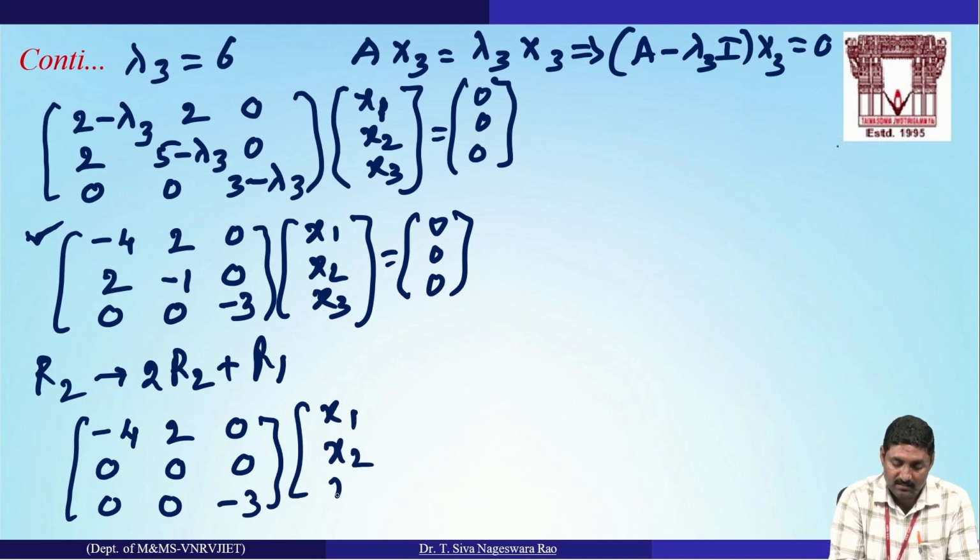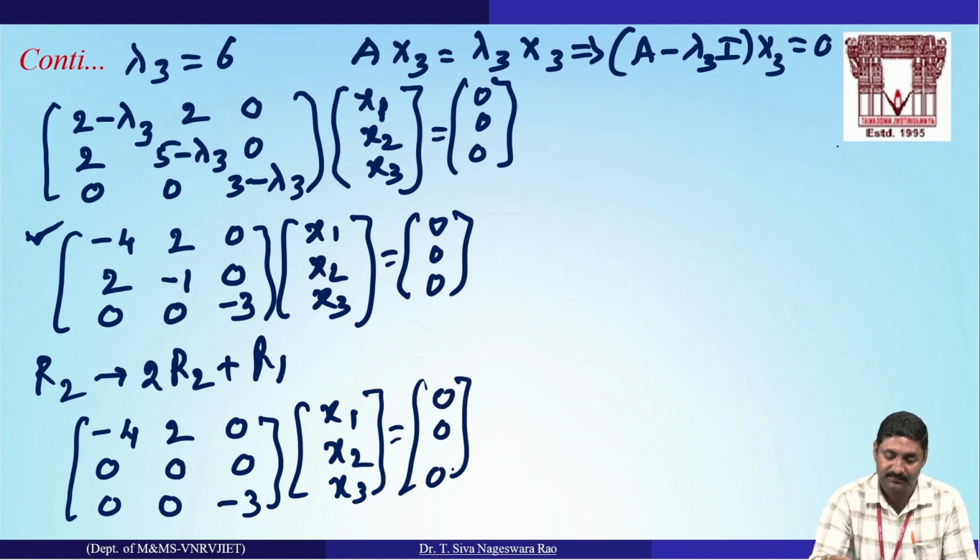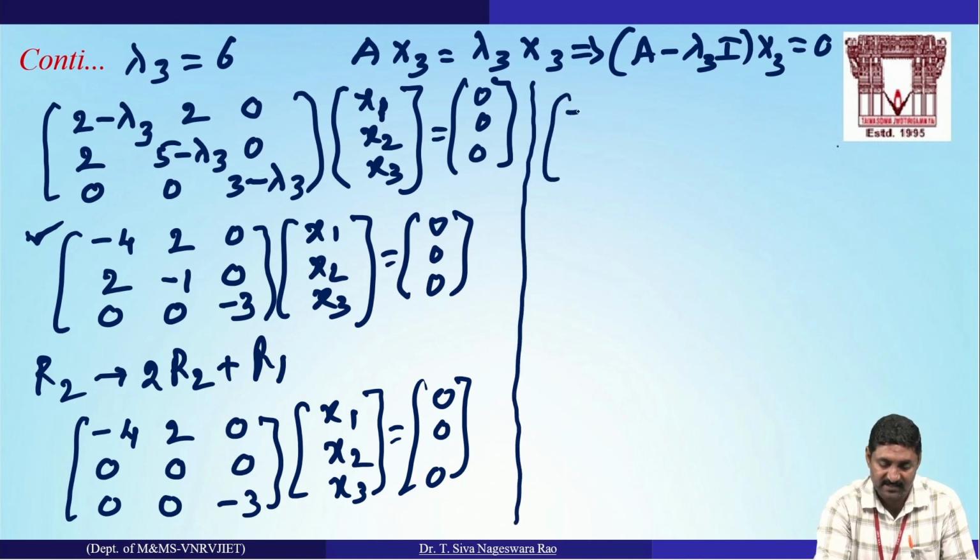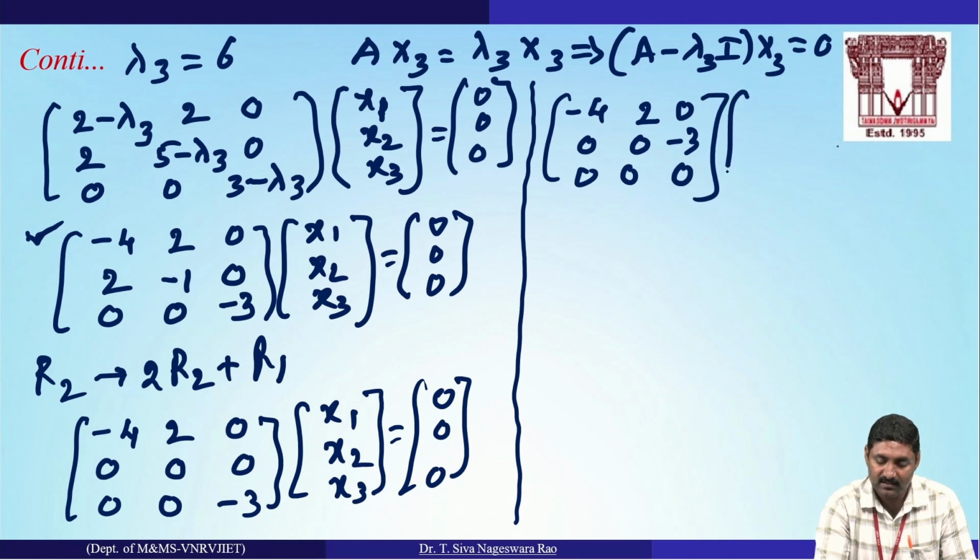Now, the matrix is not in echelon form, so we will interchange two rows. Then the resultant matrix system is minus 4, 2, 0, 0, 0, minus 3, 0, 0, 0. Now clearly the matrix is converted into echelon form.